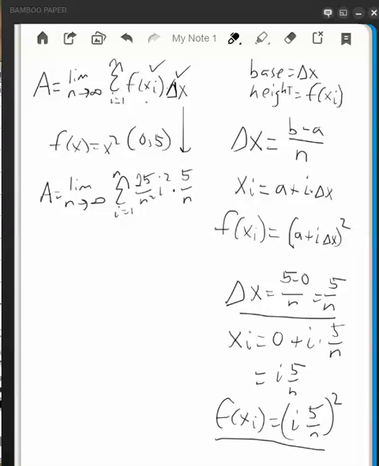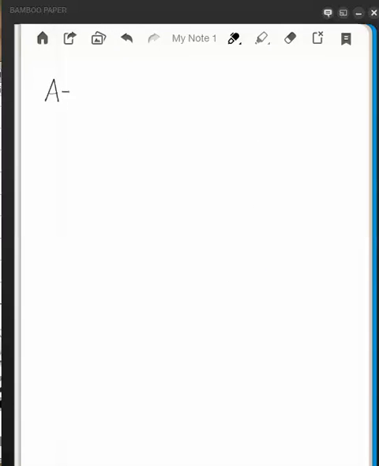Delta x, f of x sub i, and there's my two pieces. Clean that up. I'm just going to go to a new page. Clean that up a little bit. So my area is going to be my limit as n goes to infinity.